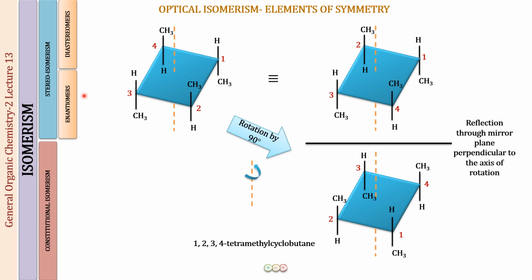After these two steps, if you find the two molecules to be identical, then the molecule has an alternate axis of symmetry, and the molecule is going to be optically inactive. But you do not have to find this alternate axis of symmetry in your examination for class 11 and class 12. I hope this is clear.